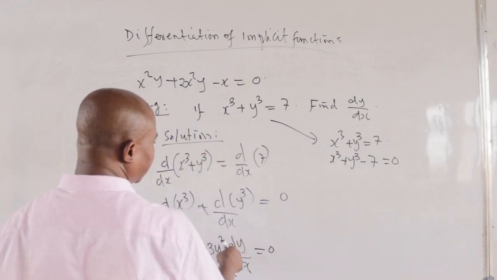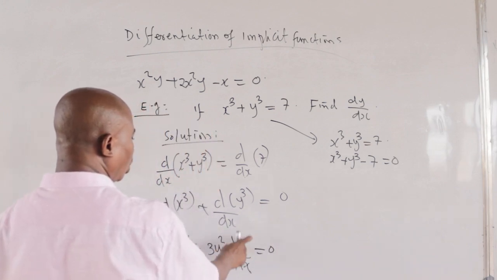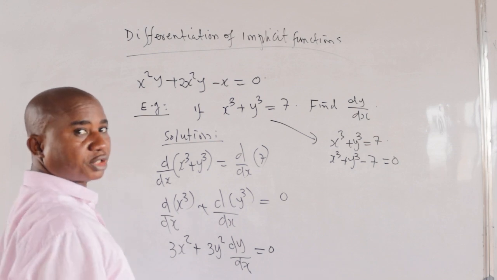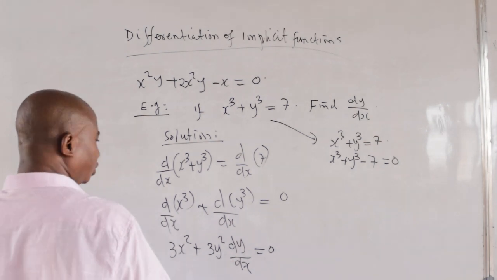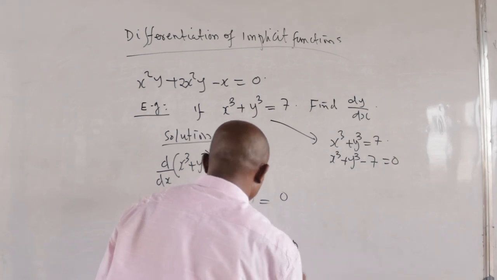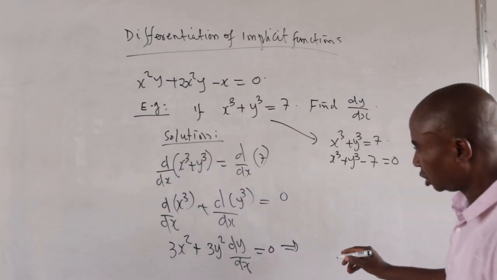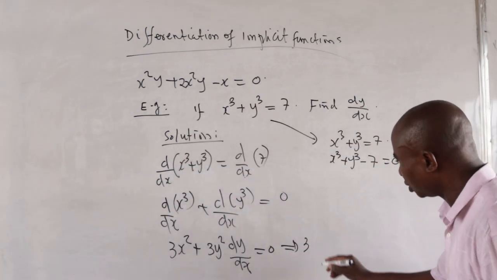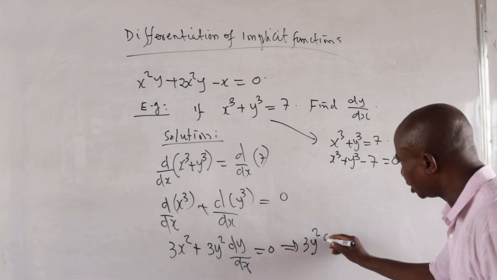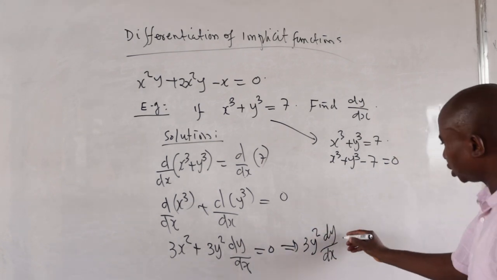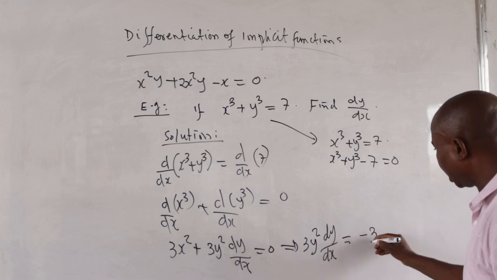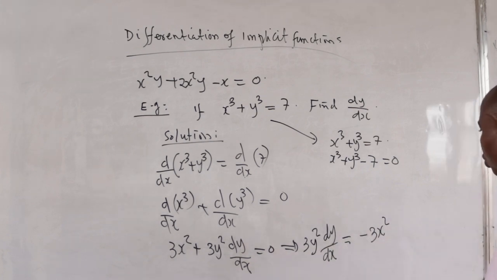At this point, our goal is to make dy by dx the subject of the equation, which is not difficult to do. So if this is true, this means that 3y squared dy by dx is equal to minus 3x raised to power 2.